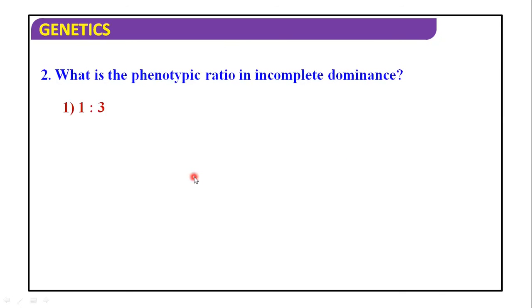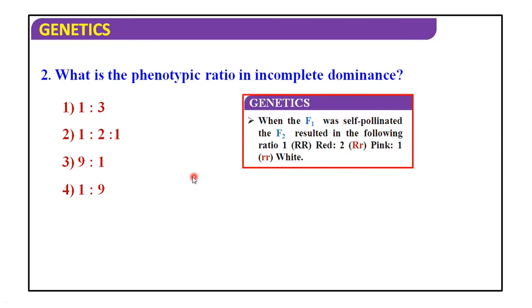What is the phenotypic ratio in incomplete dominance? 1 is to 3, 1 is to 2, 3 is to 1, 9 is to 1 or 9 is to 9? When the F1 was self-pollinated, the F2 resulted in the ratio 1 is to 2 is to 1. So the second option is correct.